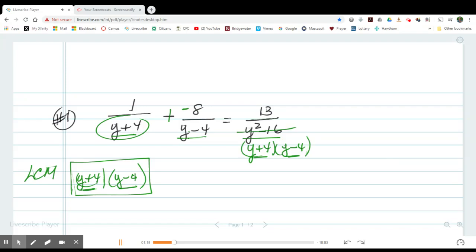What I'm going to do is take this lowest common denominator, or multiple, and multiply it times each one of these terms.